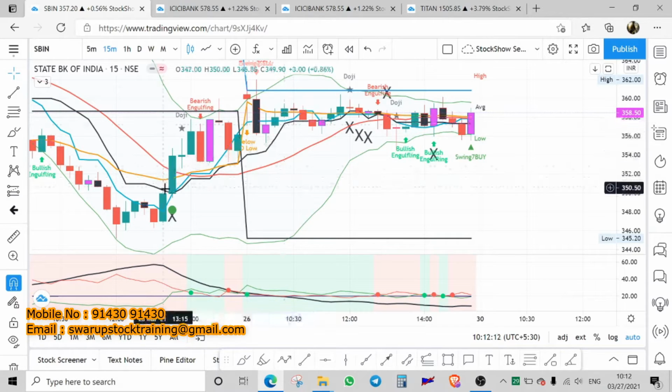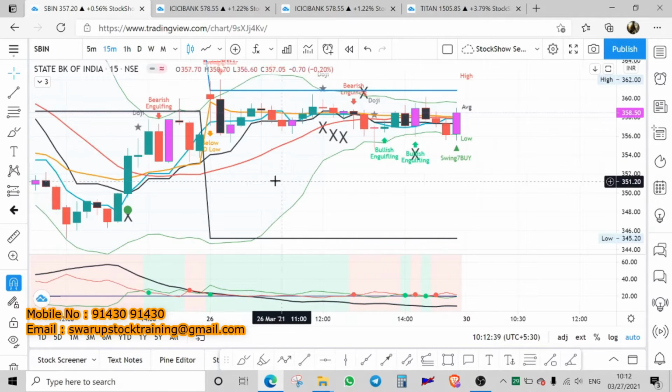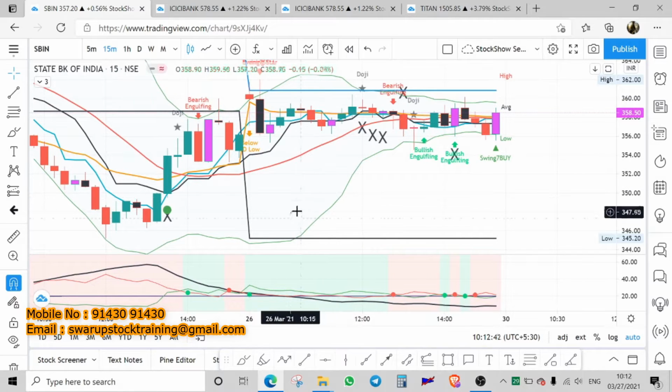Once we entered the trade from 354, during our journey it gave me a profit here. You could have booked a profit at 359. So basically you have entered at 354, 5 rupees, 15,000 rupees. Second, since the trend is up, your second option is to book profit at 360, 361 level. This is how you can manage your trade, and without this kind of visual guided assistance, you will not be able to take those trades.